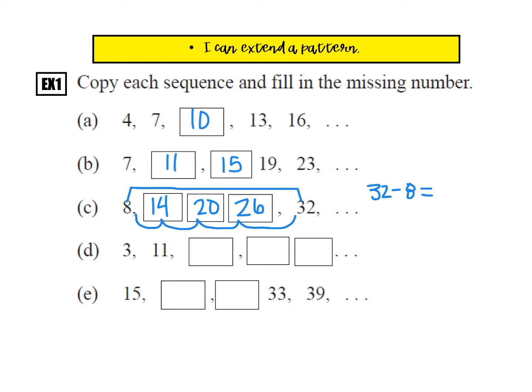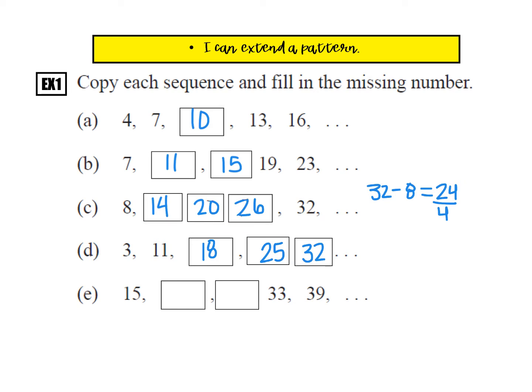So 32 minus 8 is 24, and I'm doing it 1, 2, 3, 4 times. So by dividing by 4, that tells me that every time I'm going to add 6 in order to keep that same spacing. So 8 plus 6, 14 plus 6, 20 plus 6, 26 plus 6, and it checks.